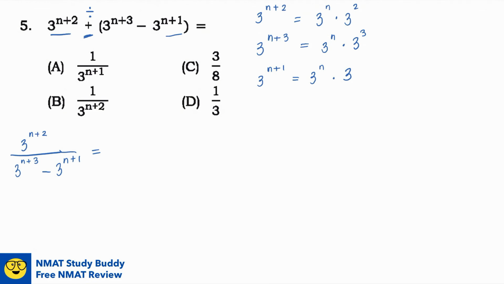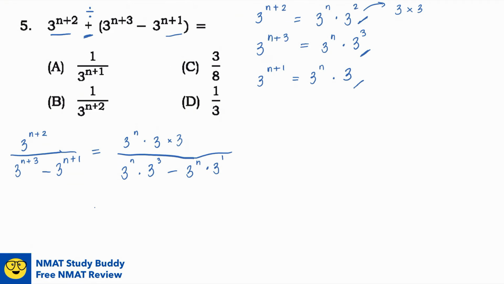So, ito, equal din siya sa, gamitin natin yung mga sinulat natin dito na solution. 3 raised to n times 3 raised to, since 3 raised to 2 to, pwede rin natin sulat na 3 times 3, all over 3 raised to n times 3 raised to 3 minus 3 raised to n times 3 raised to 1.